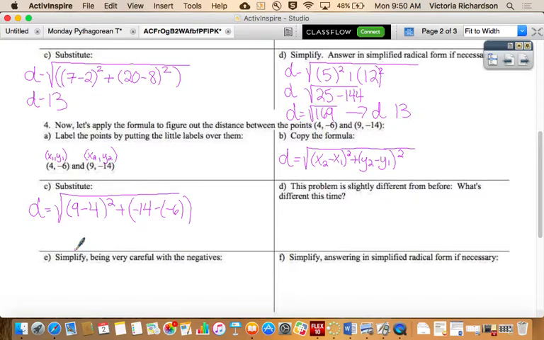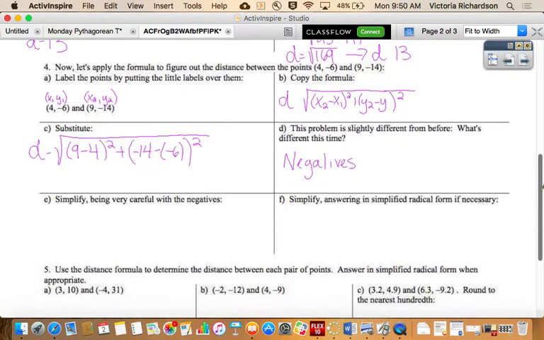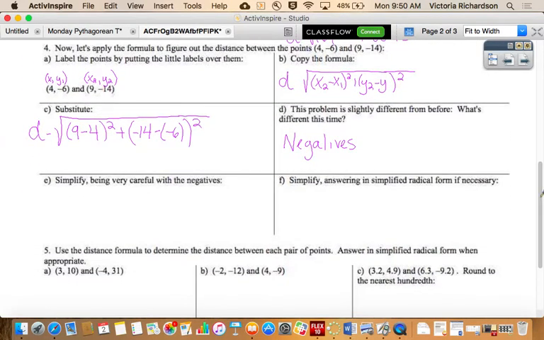What is the difference? What's different this time? What do you have right here that we didn't have in the last problem? Negatives, right? And if you don't deal with negatives the right way, you get crazy answers. And when you try to take the square root of a negative number, if you made a mistake, it's going to give you an error message on your calculator. Because you can't take the square root of a negative number. It's imaginary.